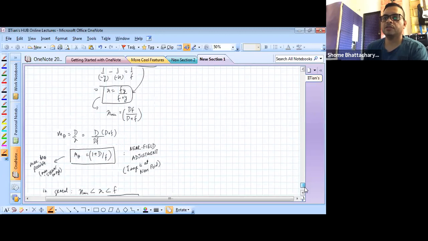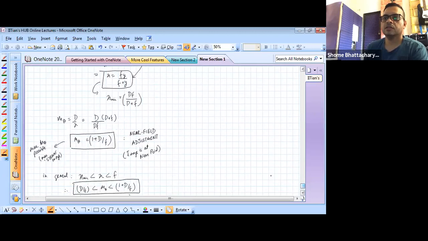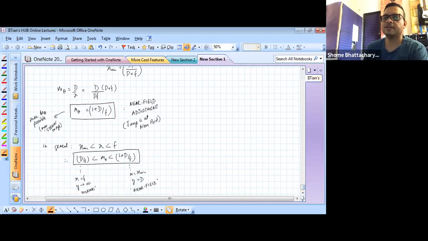And for that particular adjustment where my X is X minimum, so that my Y is becoming capital D, the magnification comes out to be this much, the angular magnification. So this is the minimum to maximum magnification that you can achieve for a given lens.